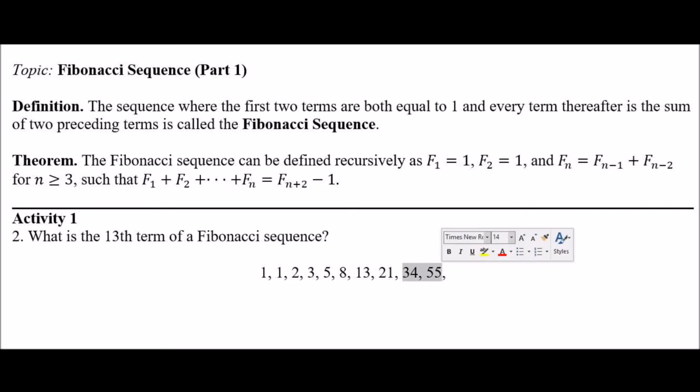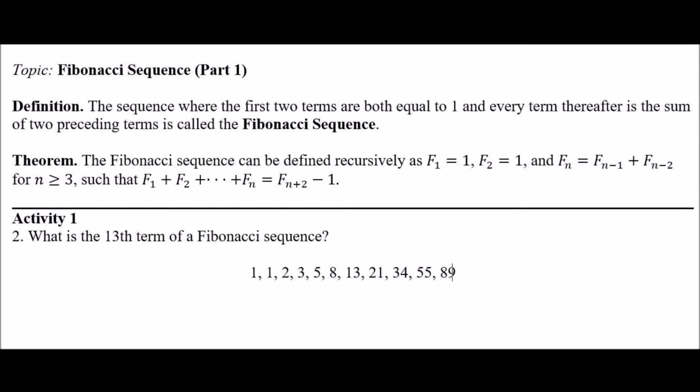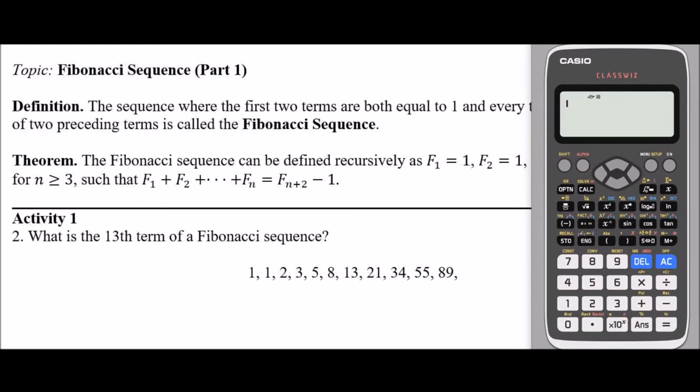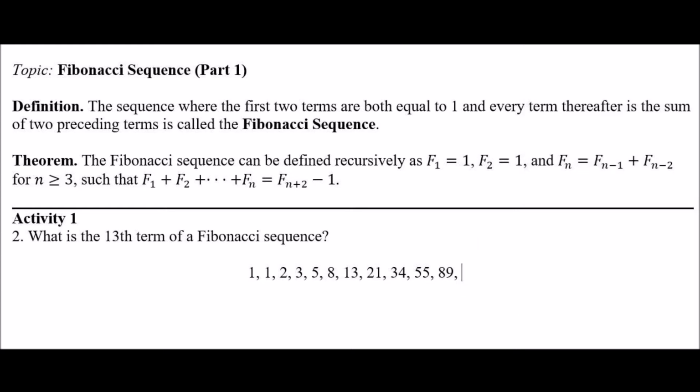So we have 34 and 55, so we add that. 34 plus 55 is 89. And then 55 plus 89 is 144. So we have already 12 terms.